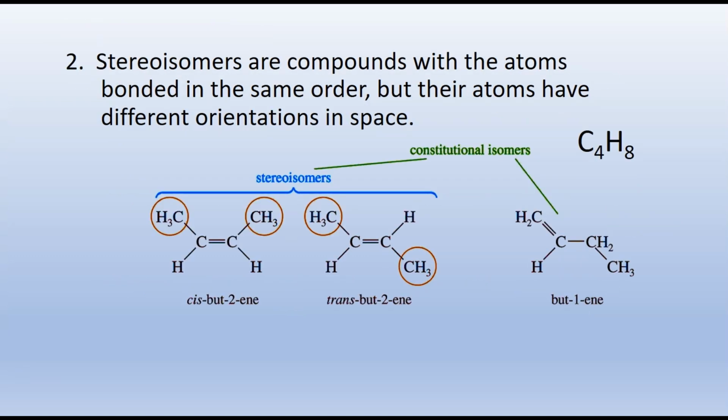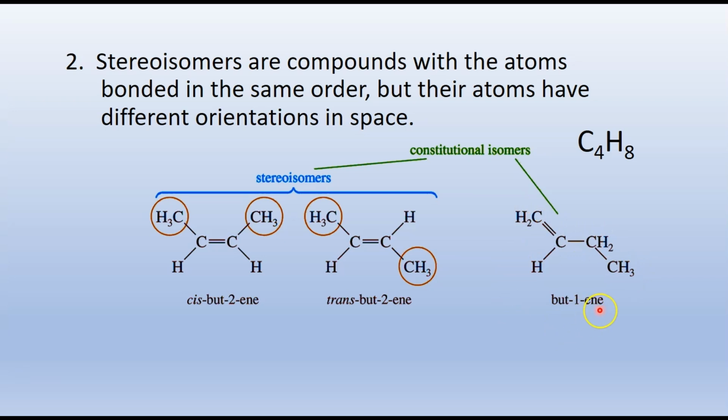Stereoisomers are compounds with atoms bonded in the same order, but their atoms have different orientations in space. So we already looked at a C4H8 compound. So here is 1-butene, 4 carbon chain. We got the double bond.